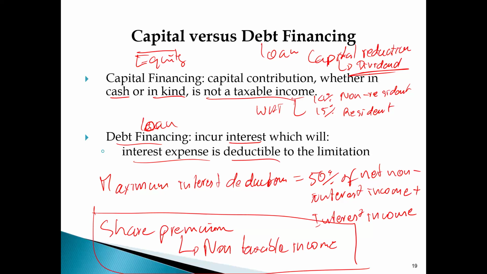And for the loan, you can charge interest or not charge interest. Cambodia allows interest-free loans: you give a loan but don't charge interest. Whether you charge or not depends on the company's operation.